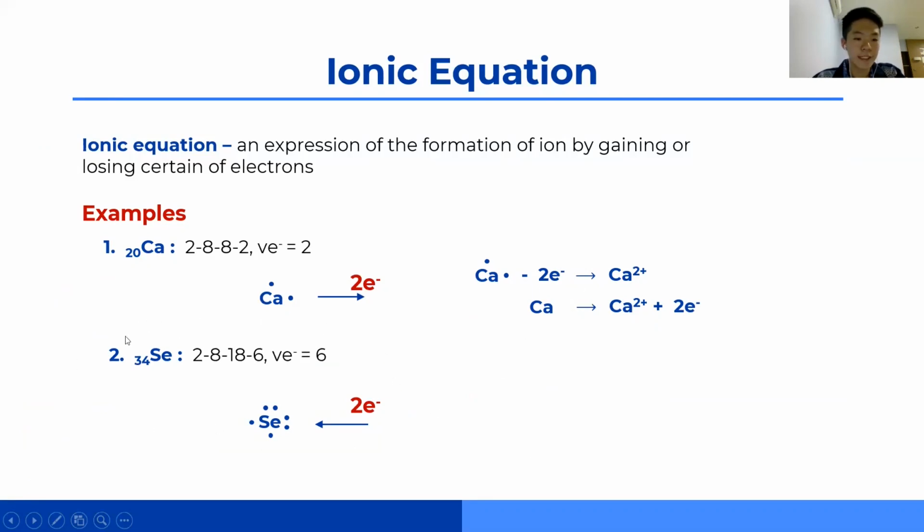And now for the second example, because selenium receives 2 electrons, selenium plus 2 electrons becomes Se2-. So when selenium receives 2 electrons, it has 2 electrons more than protons. So it is an anion. So Se2-, because it receives 2 electrons.